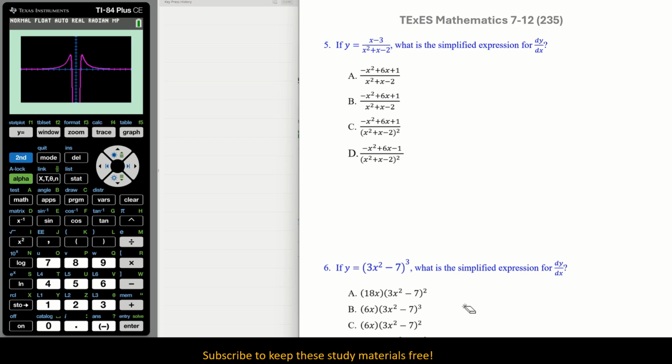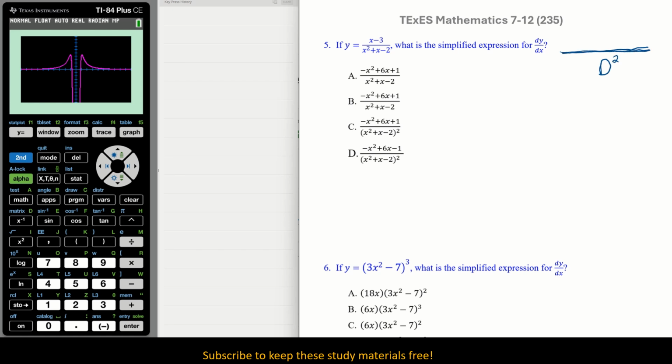Number 5. If y equals x minus 3 over x squared plus x minus 2, what is the simplified expression for the first derivative? So there's something that I always remember when I see a rational. I know that this denominator must be squared.